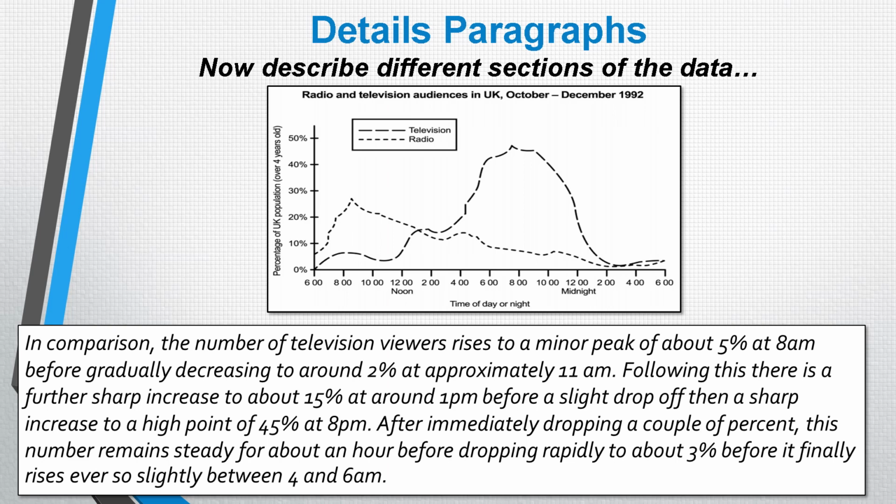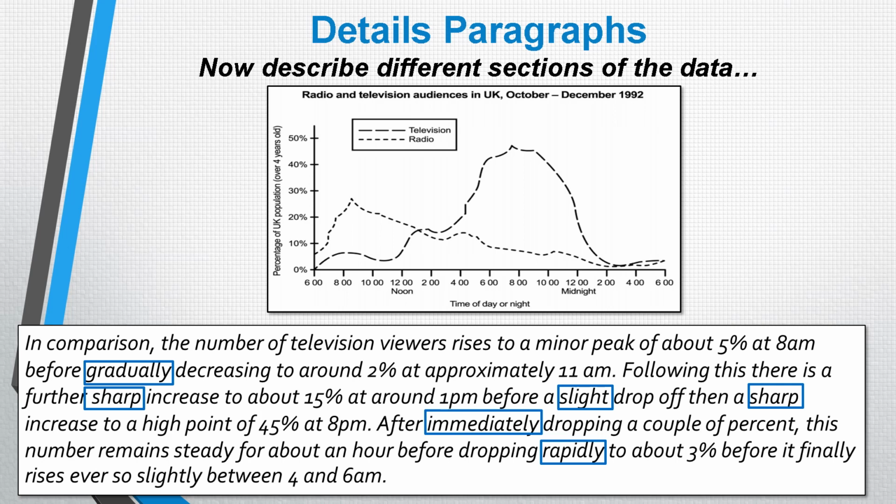Now, as you can see here, this is a very descriptive paragraph, and there are lots of adverbs that have been used to describe the nature of the changes. So you can see we've got adverbs like gradually, sharp, slight, immediately, rapidly, finally, slightly.